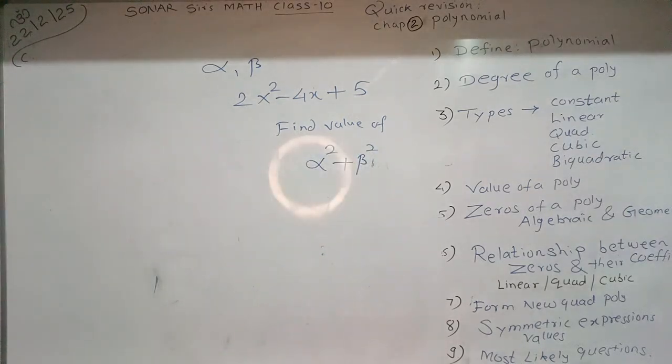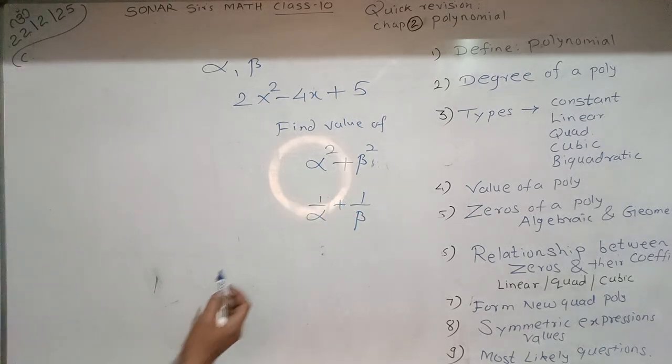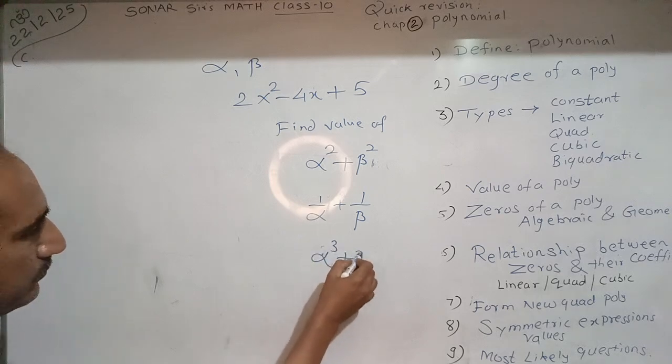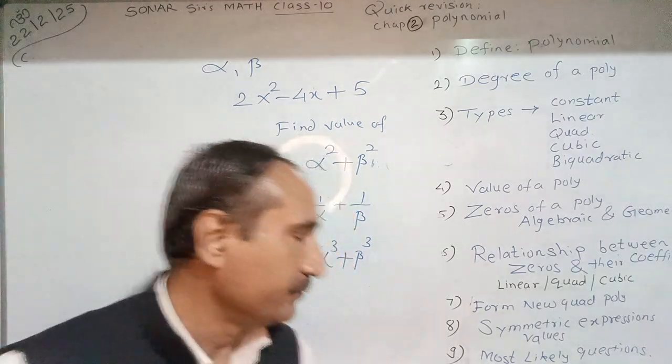The second value is 1 upon alpha plus 1 upon beta. And the third value is alpha cube plus beta cube. We'll discuss these three values.